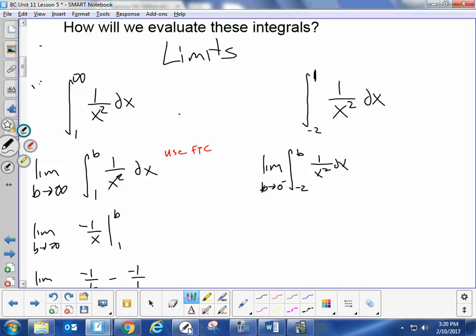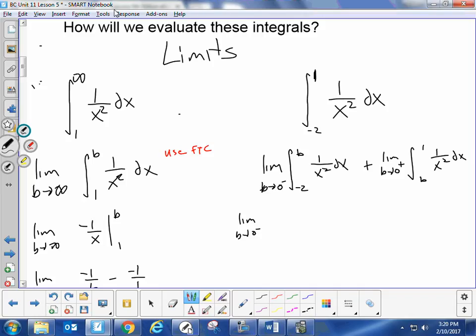And then I will need to add the limit as b approaches 0 from the right side of b to 1. Now we have our friends the one-sided limits that deal with what things are doing as we're approaching a vertical asymptote.